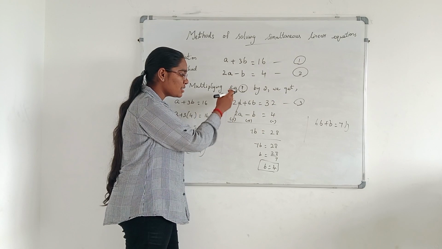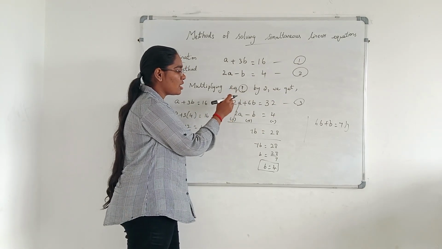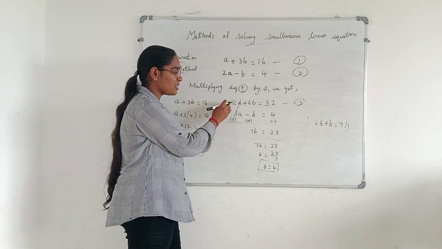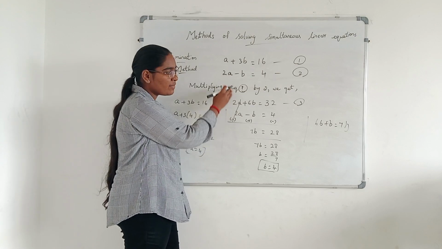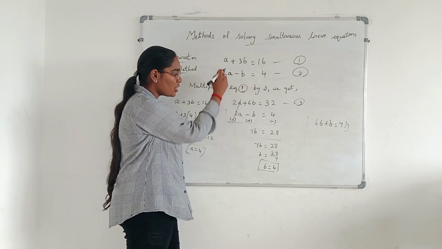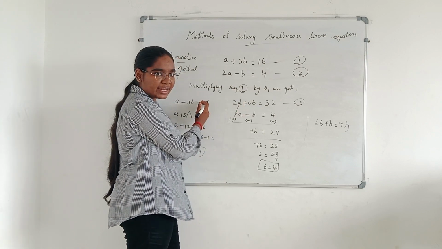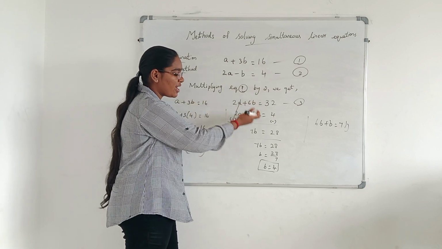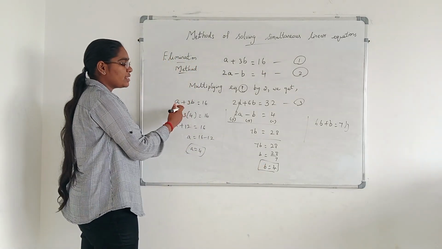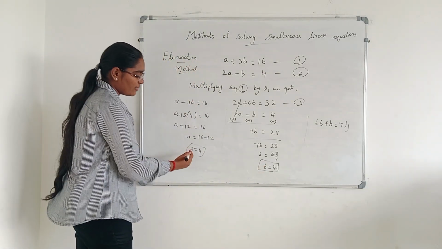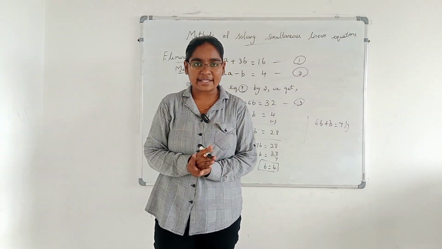Here we are doing the subtraction, and we eliminated the variable A and found the value of B. Finally we substituted the value of B in equation number 1 and found the value of A. So elimination means eliminating the variable.